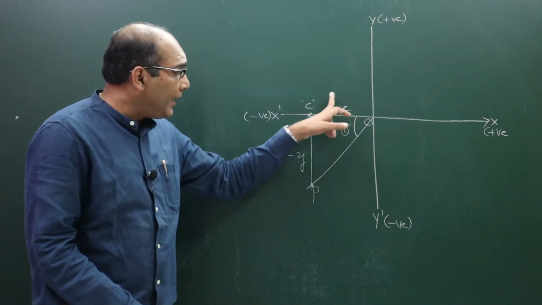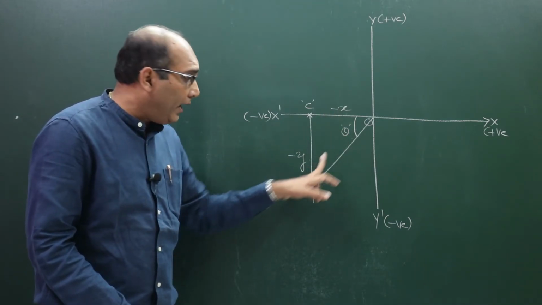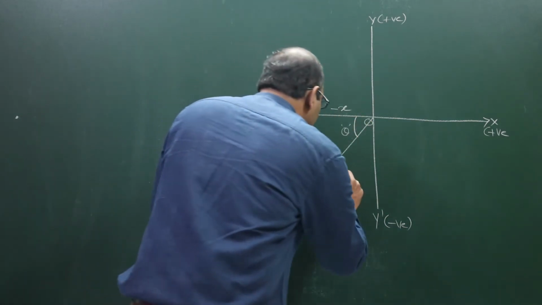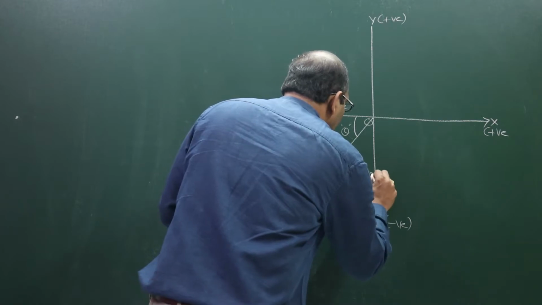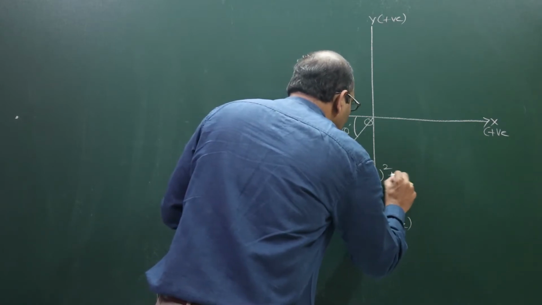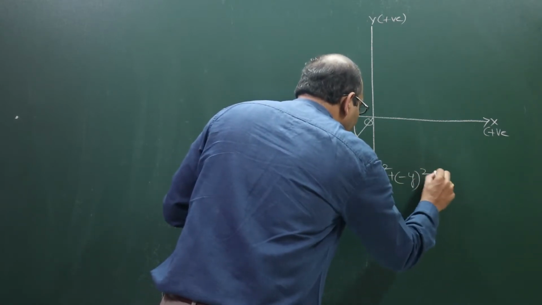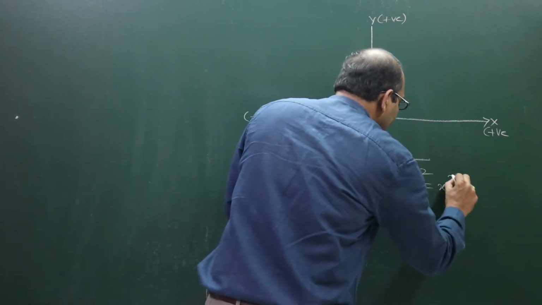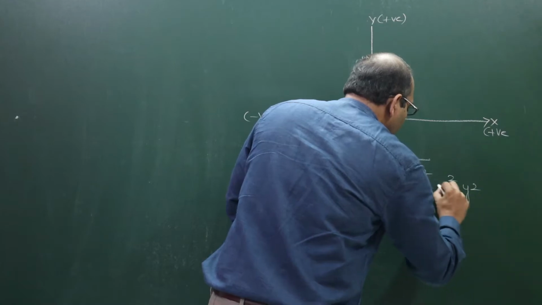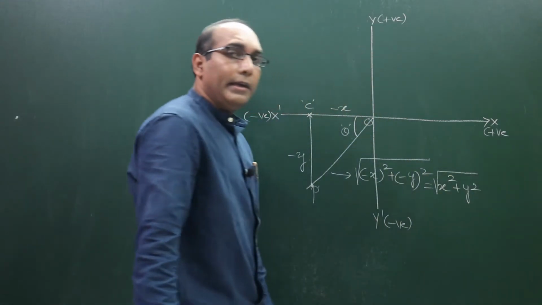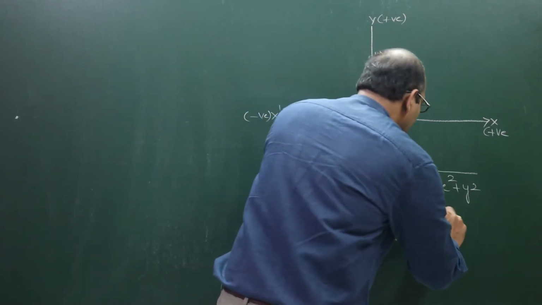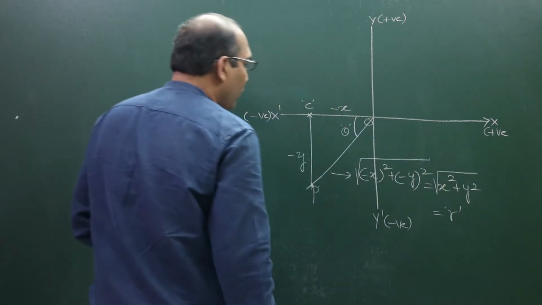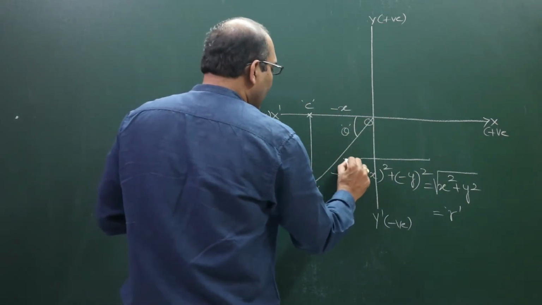Now, the diagonal is the square root of negative x whole square plus negative y whole square, that is x square plus y square, purely positive. Let it be r. Now this OP value will be r.